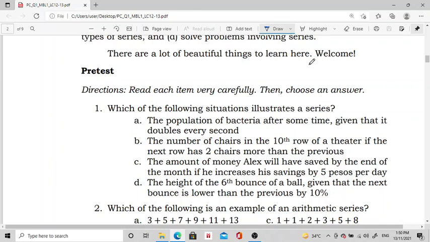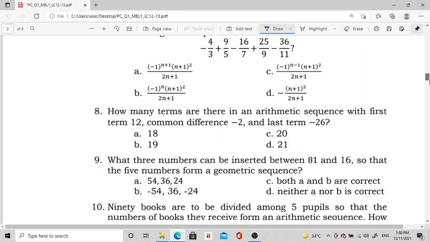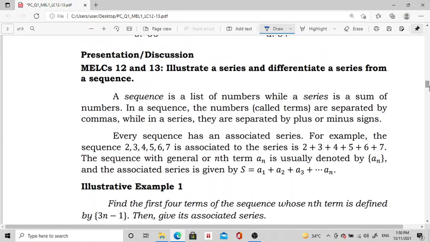If your answer is C, then you got it right. First thing that we will do is to differentiate a sequence from a series, and then we are going to illustrate a series.